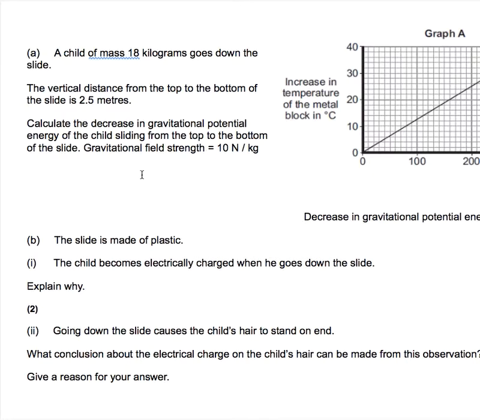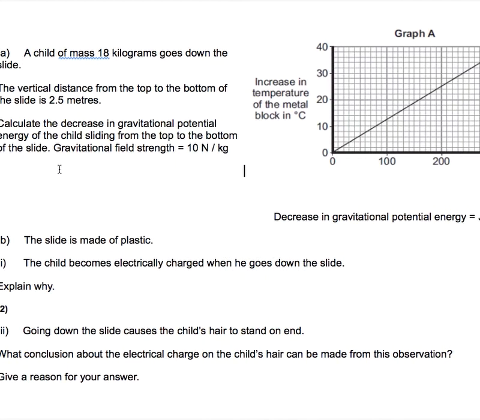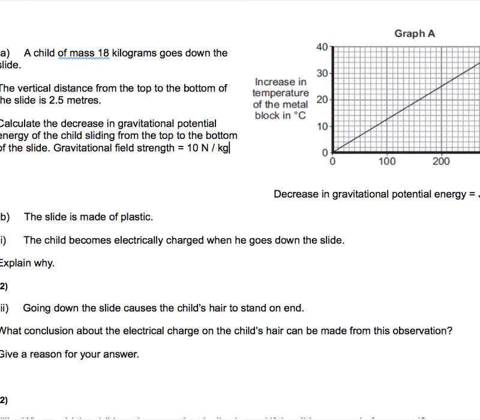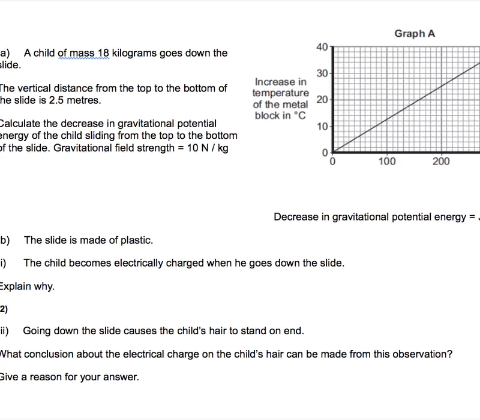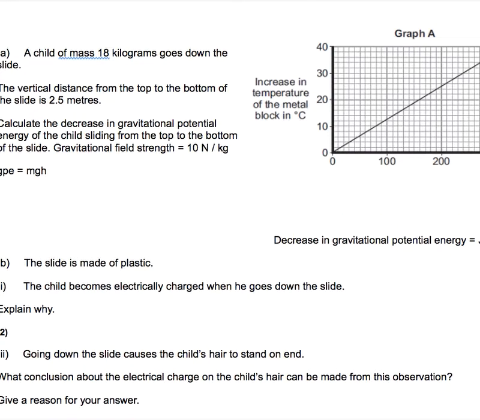So again, here is an equation you need to know. So you're going to say that your gravitational potential energy, well, the change in it, is mass times gravity times height. The mass is 18 kilograms. Gravity, we're told here, is 10.